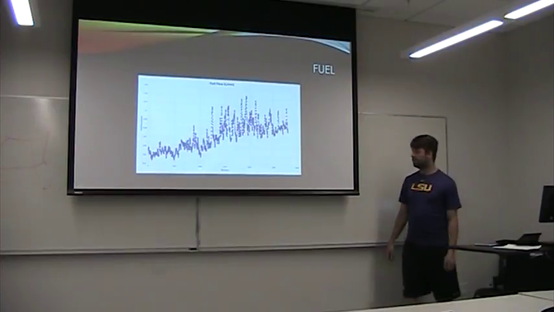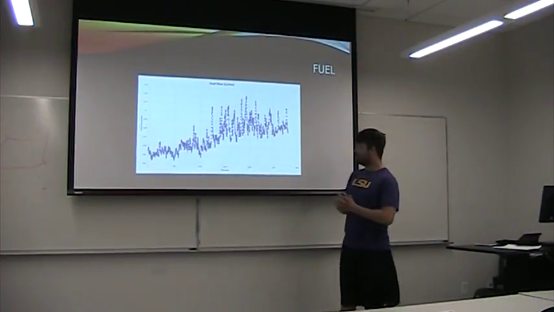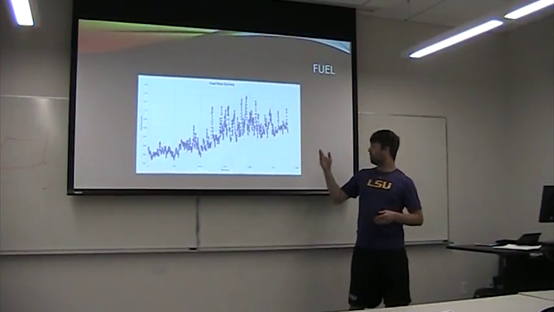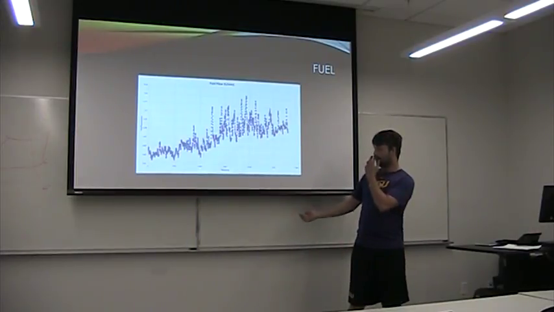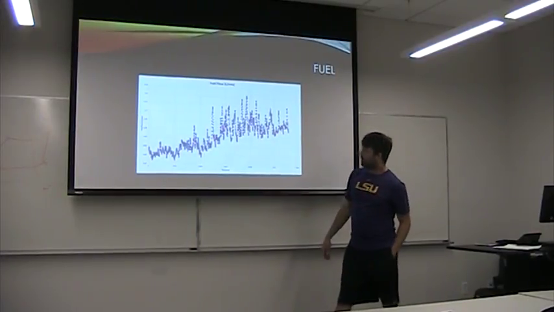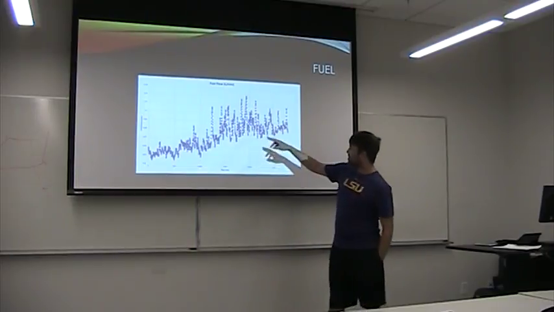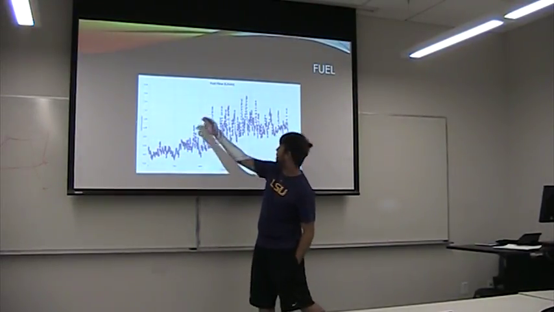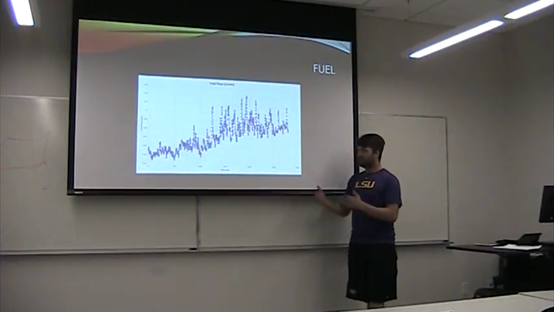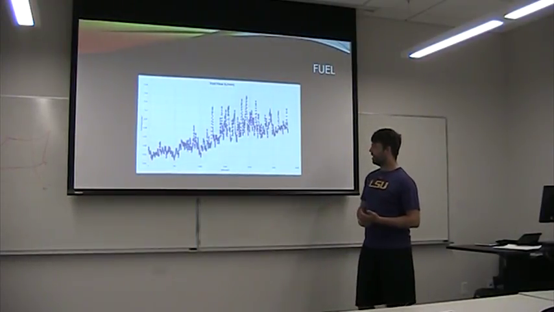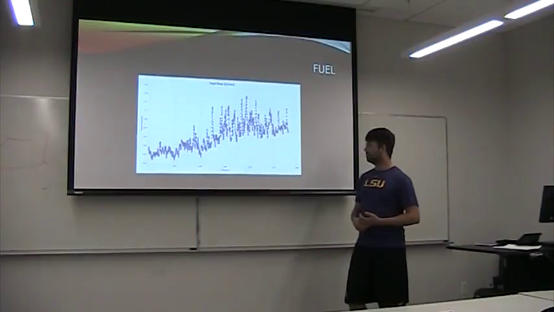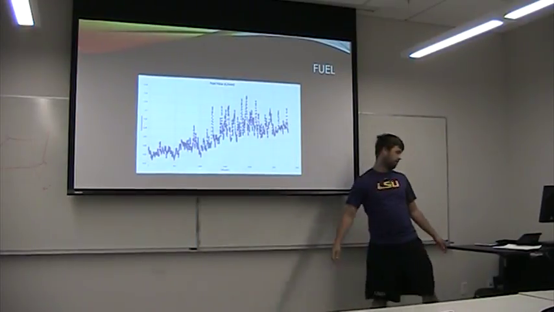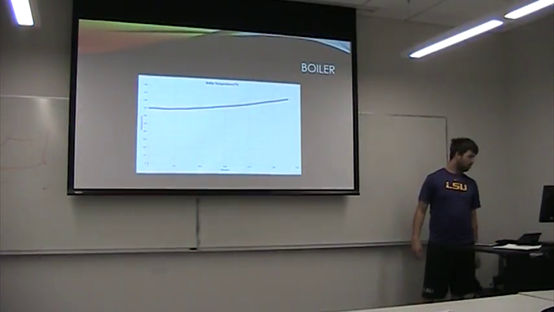But another class was nice enough to give us their data. So this is the graph of fuel flow versus time. You can see it stays pretty consistent, slightly erratic, but it's between 5.65 and about 5.7, so really not that much of a change, but you do see that it increases when you're actually trying to heat up the water.